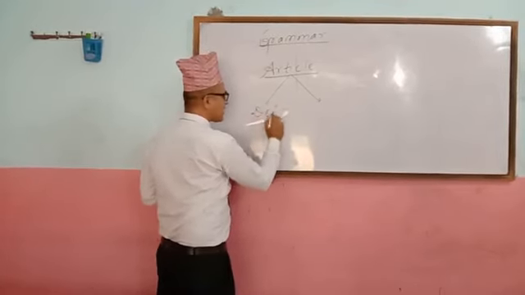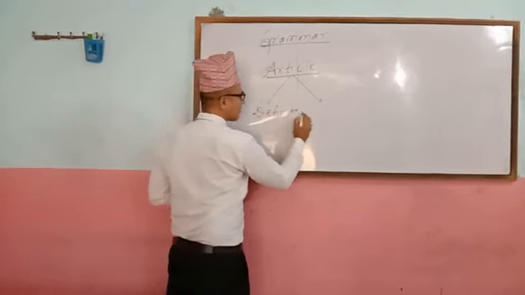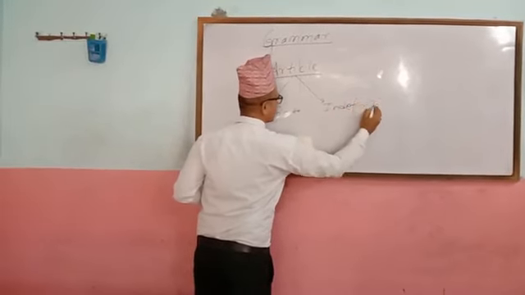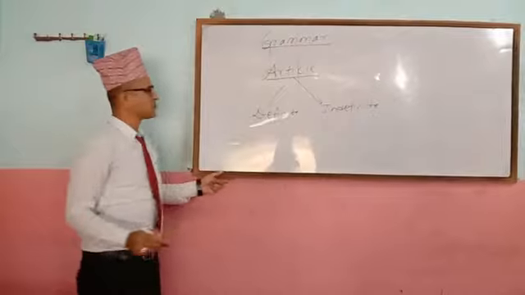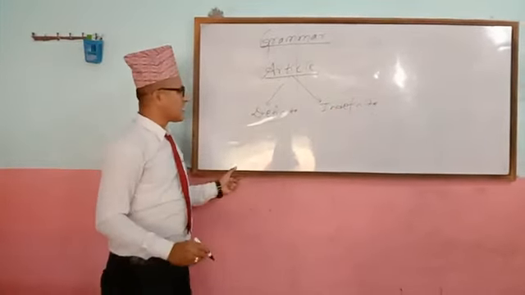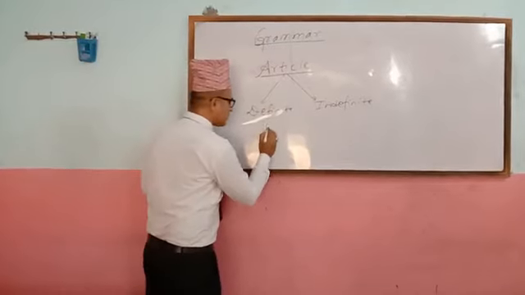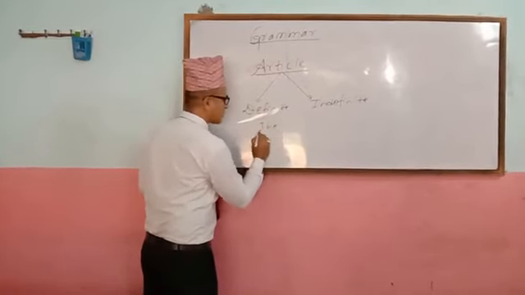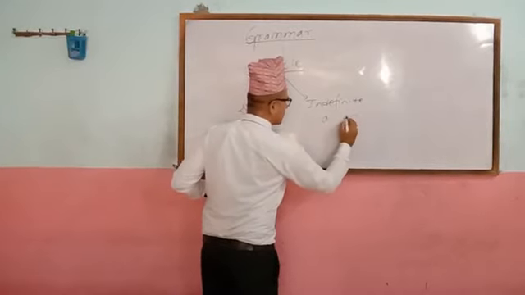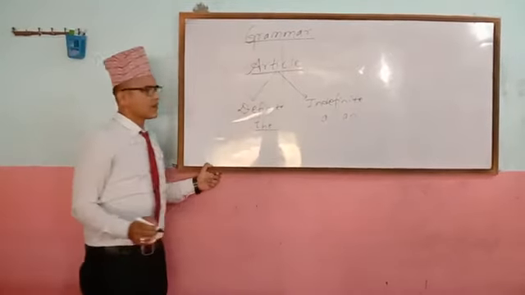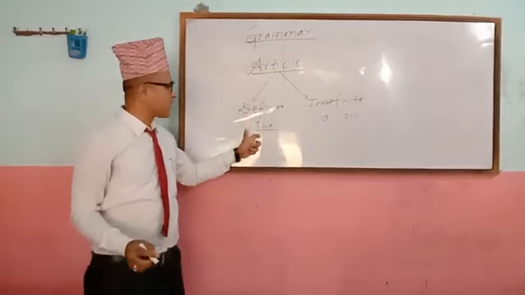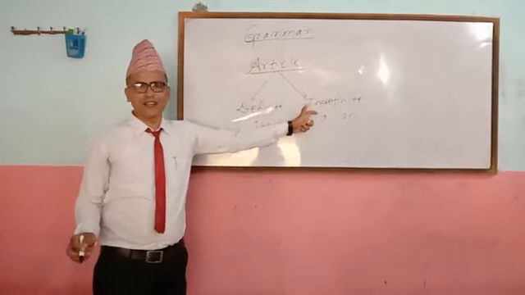One is definite article, next is indefinite article. We know that the comes under the definite article, whereas a and an come under indefinite articles. Definite means that it is pointed, indefinite means that it is not pointed.